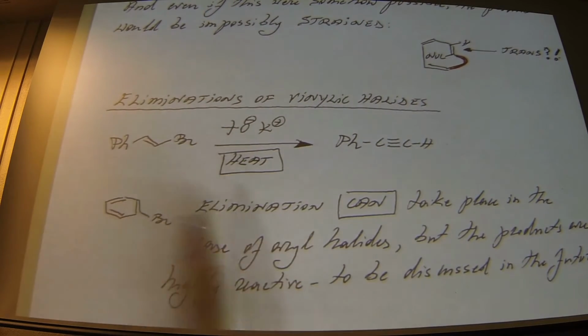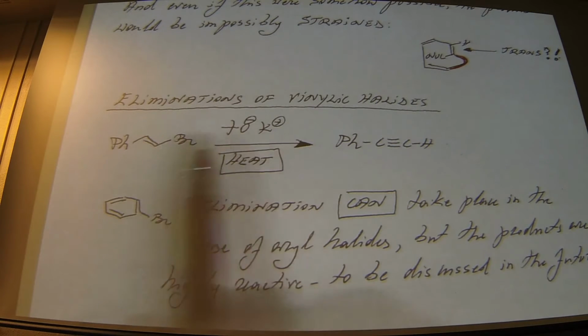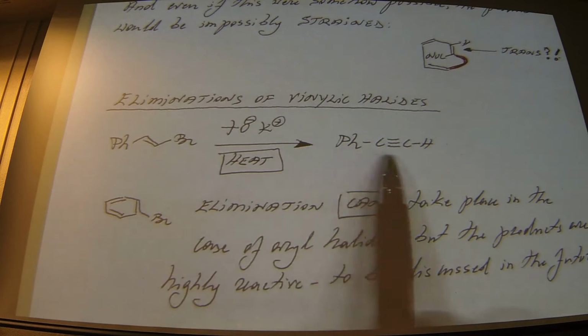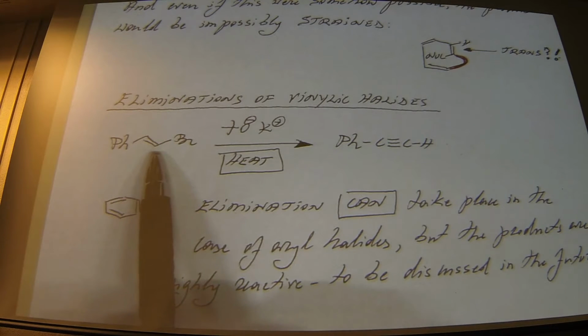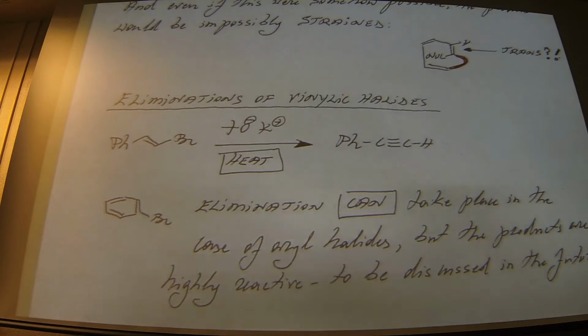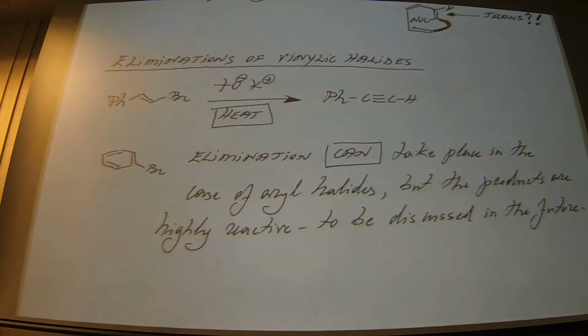The elimination reaction here actually does work, it takes some heat. This is going to be a syn elimination, but it does work. And so you can eliminate vinyl halides just fine. That's no problem. Aryl halides also undergo elimination under really vigorous conditions, and we're going to see that reaction.